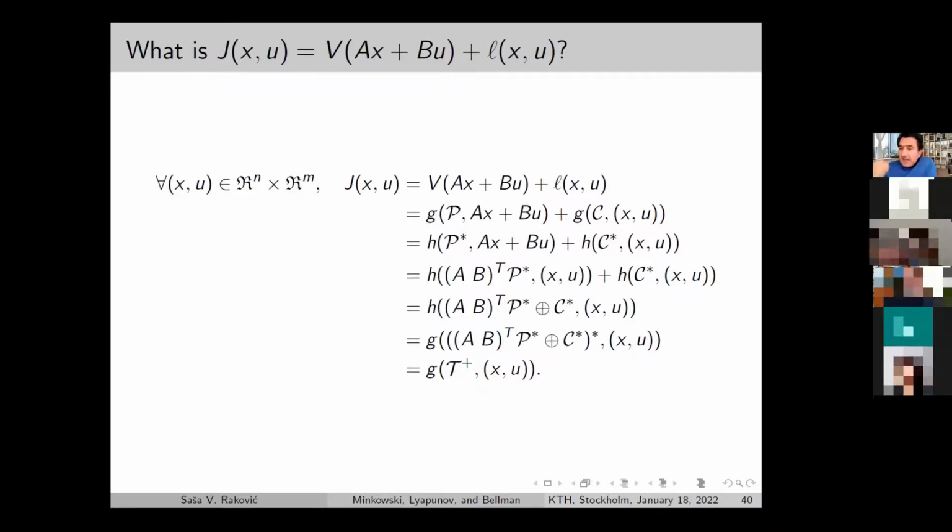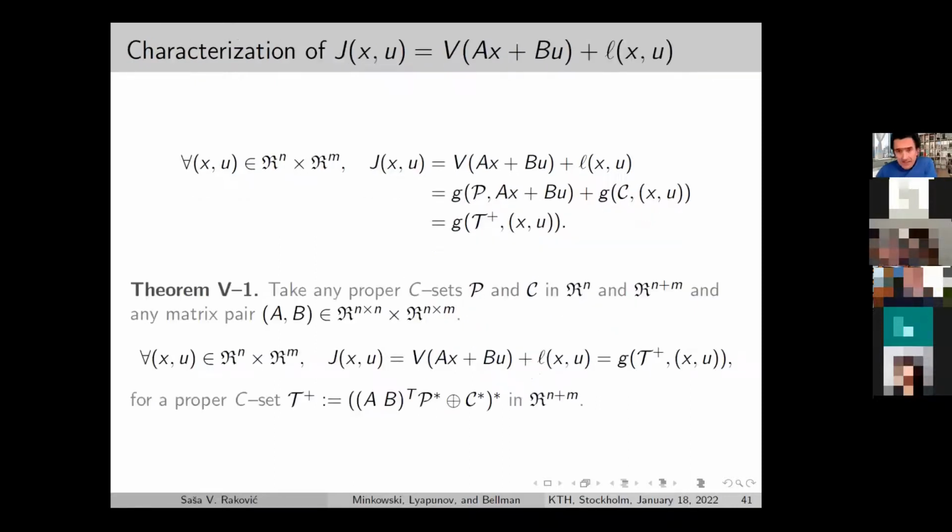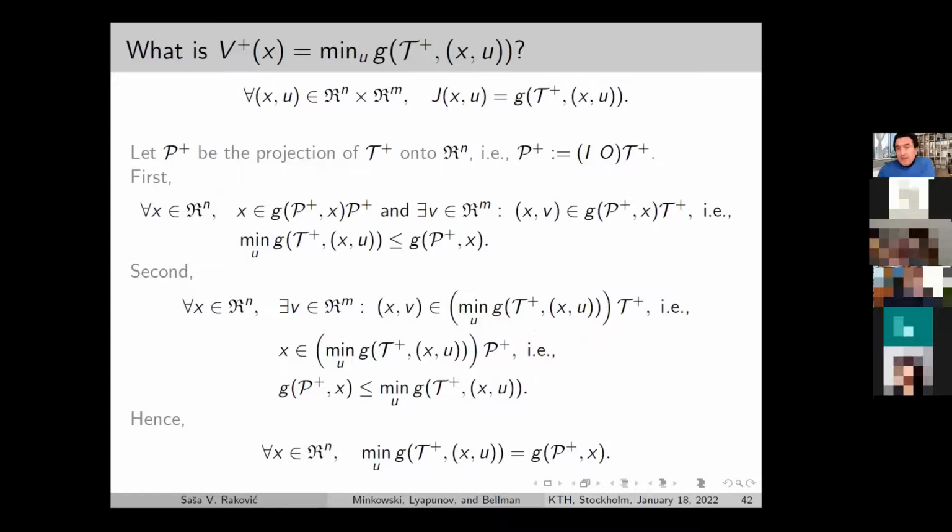And interestingly enough, you can characterize this minimum function in almost direct manner. And here is what we do. So we have this set T, and we are looking at minimization of this function with respect to u for each x. What I'm going to do is define a projection of T plus onto Rn, and I'm going to call that set P plus. So P plus is the projection to Rn, okay?